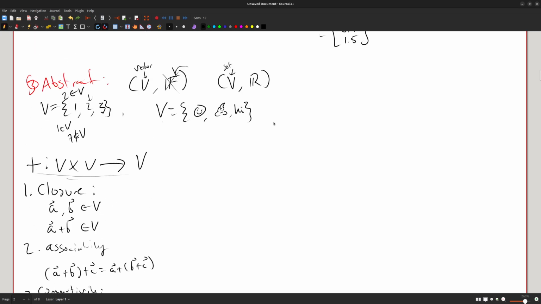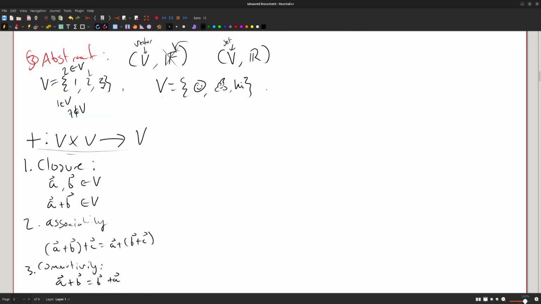So actually, maybe we can write that out. So our plus map takes smiley plus hi, and it goes to smiley. So this is your 0. And you have poo plus hi equals poo, it goes to poo.